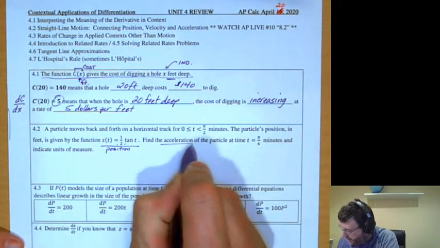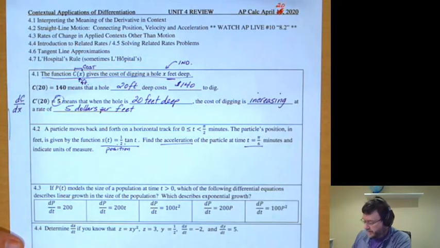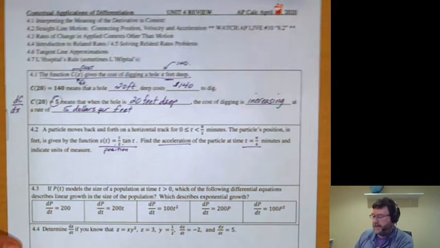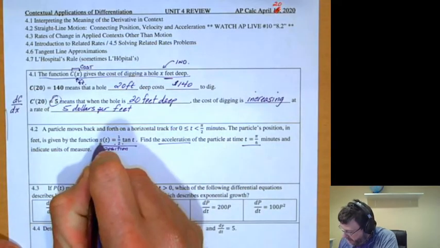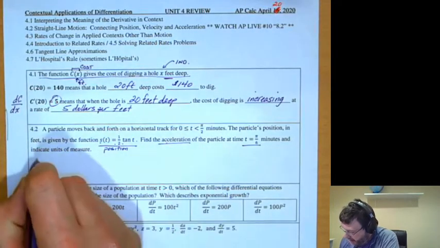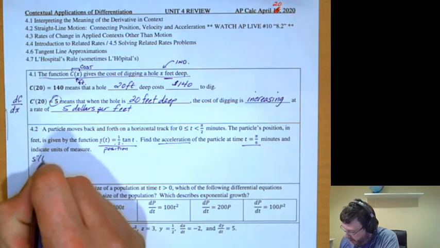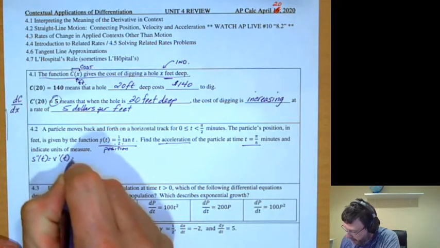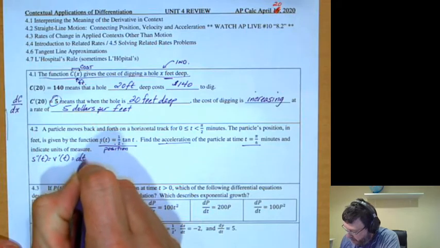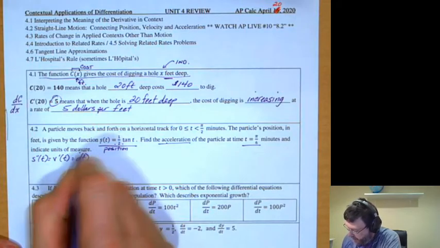We're given this function, which is our position. We're looking for the acceleration at that specific time. If this is my position, to go to acceleration I need the second derivative, which is the first derivative of velocity, which is a of t.